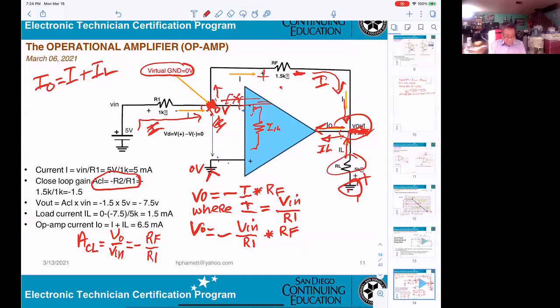Okay, now, what I say here is whenever you want to calculate the output or the gain of the inverting amplifier, it is fixed, equal to minus RF divided by R1, okay?